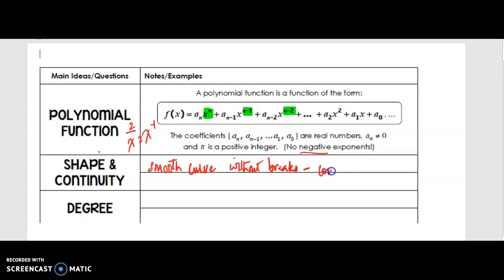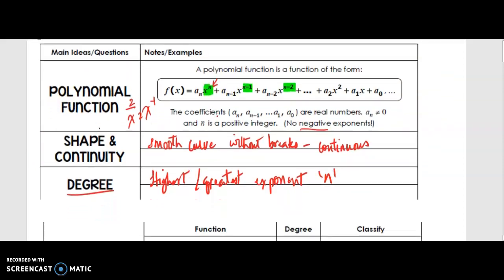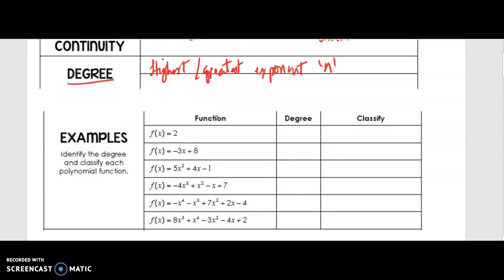And one more vocab word, degree is the greatest exponent n of a polynomial. In this case it is n, isn't it? That's how we are calling it. So these are the basics, and then we'll move on to different examples.